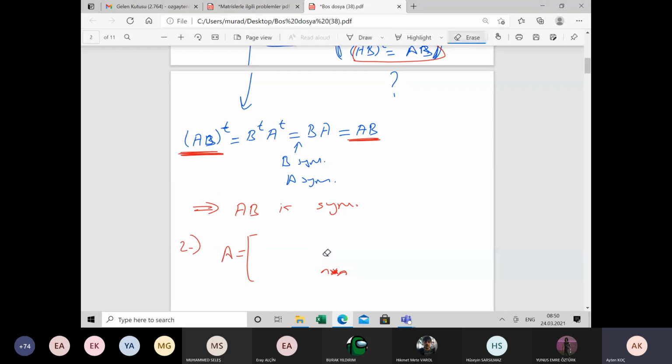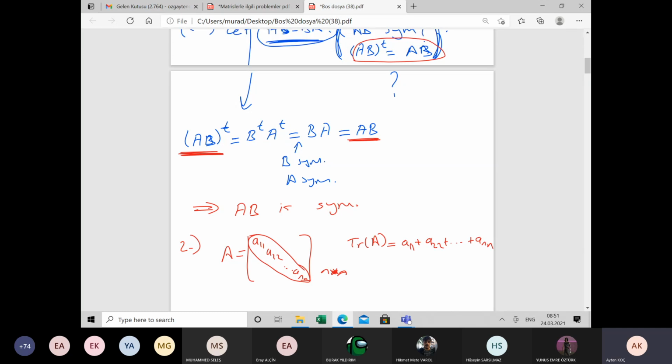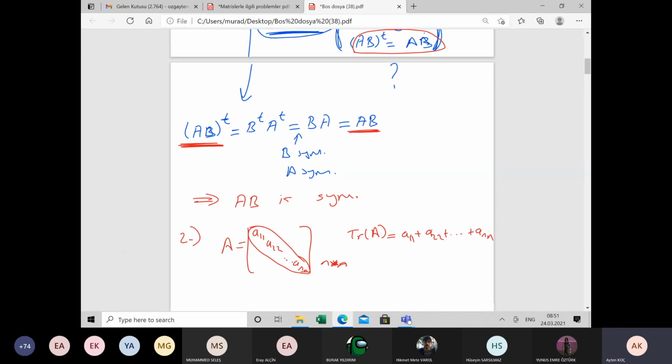The trace means we look at the main diagonal entries and sum them. The trace of A is equal to a sub 1 1 plus a sub 2 2 plus up to a sub n n, the sum of all entries on the main diagonal.